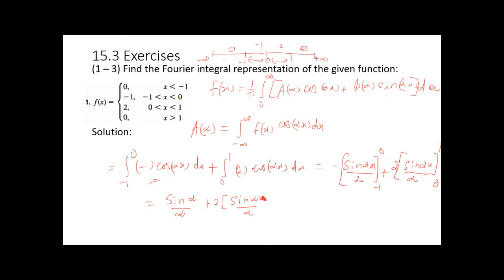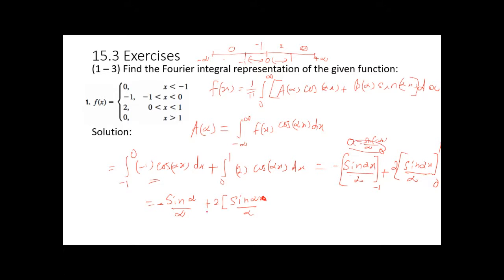This one should be carefully addressed. From minus 1 to 0, sine 0 gives 0. Minus sine of negative alpha: there is a minus outside and a minus inside, so it will be positive inside and negative outside.